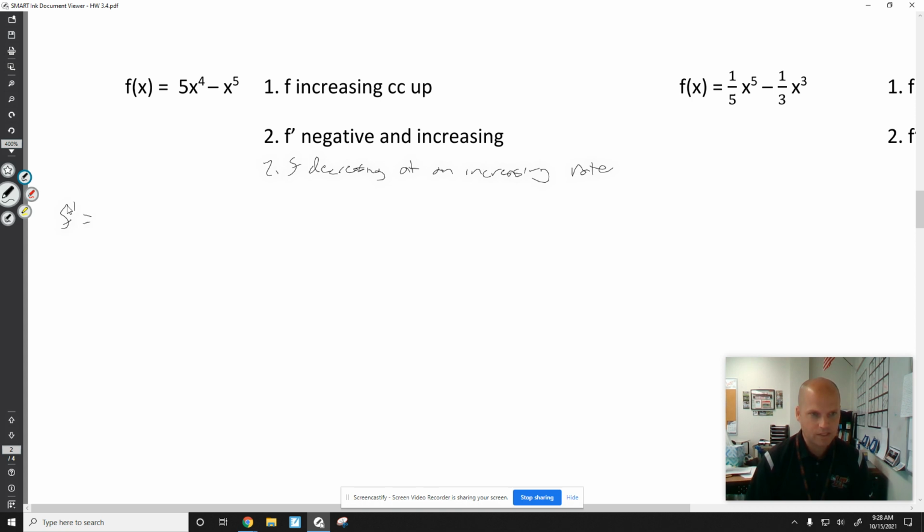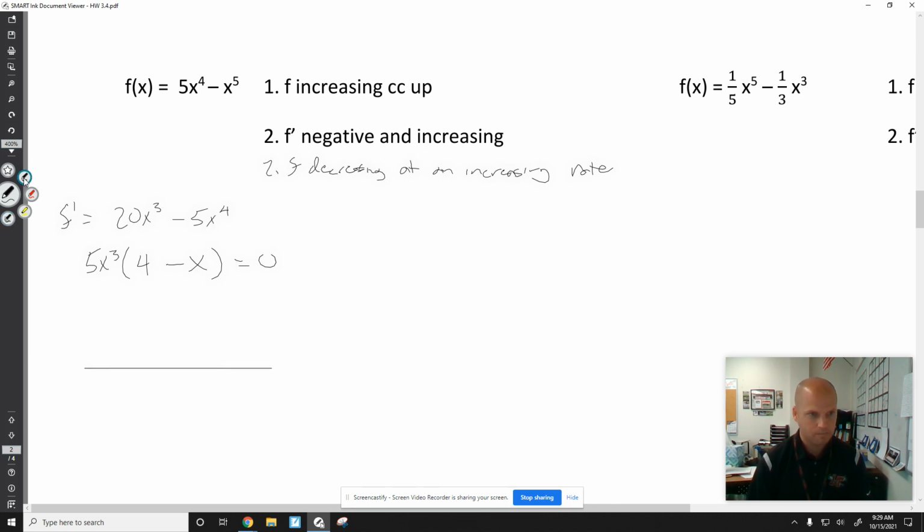Combine the last two lessons to sign analysis. I got 20x cubed minus 5x to the fourth. I will factor out a 5x cubed. I get 4 minus x. Set that equal to 0. See when it's undefined. I'll skip that part.